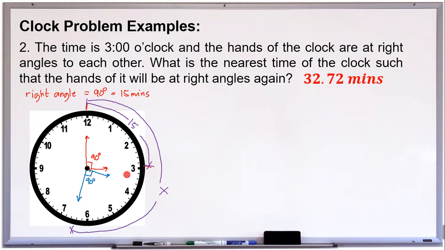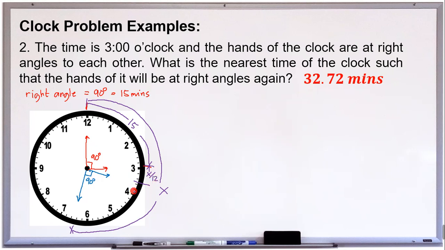And then the measurement from 3 up to the final position of our hour hand. Again, this is the number of minutes that is being covered by the hour hand, and that would be x over 12.